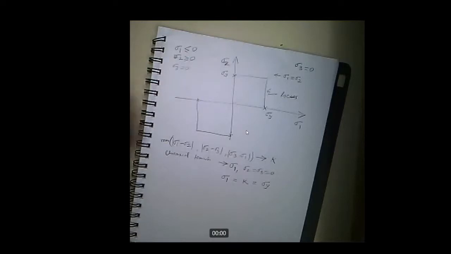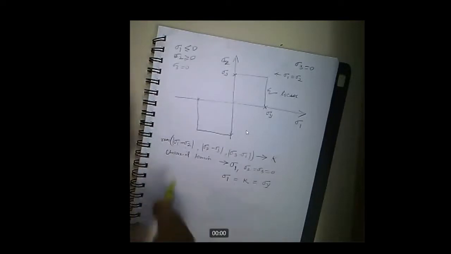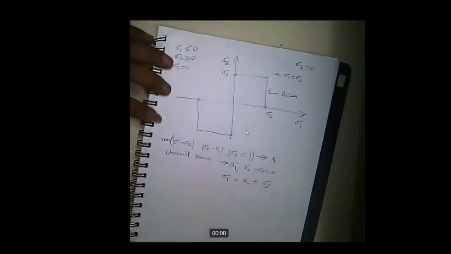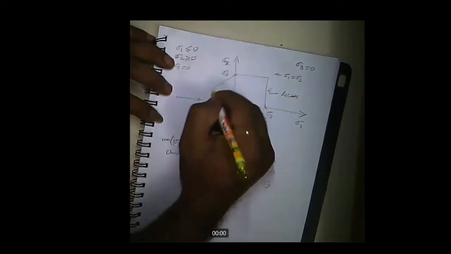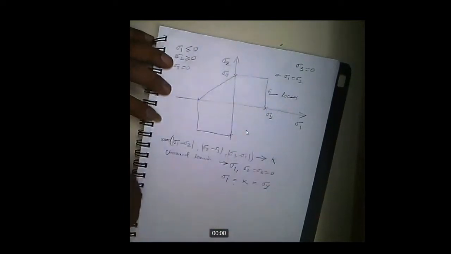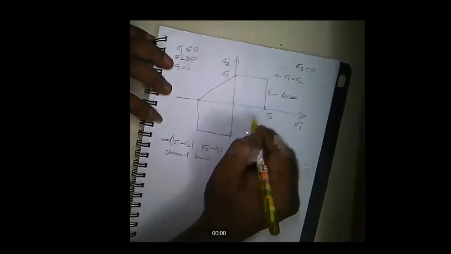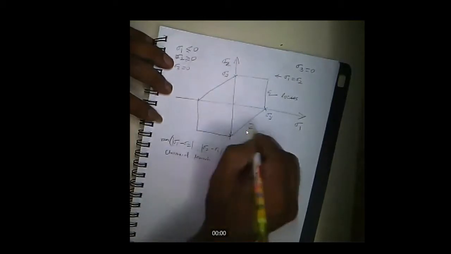Or in other words, if sigma 1 minus sigma 2 goes to sigma y, that's the condition that we will have in this zone. It is nothing but the line that connects these two, which means sigma 2 or sigma 1 is equal to sigma y.